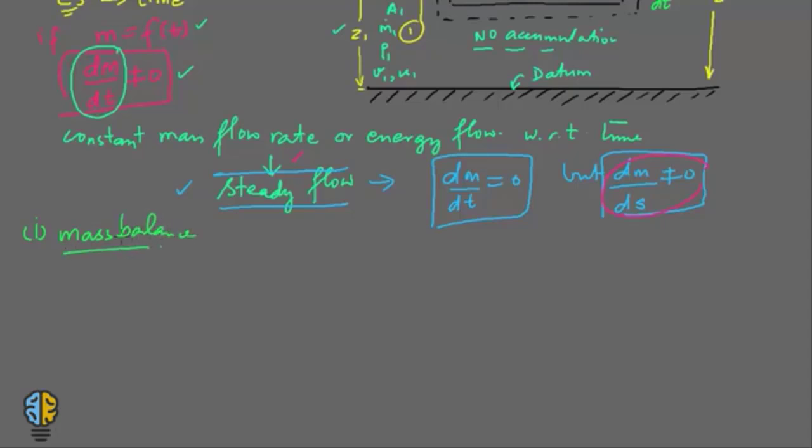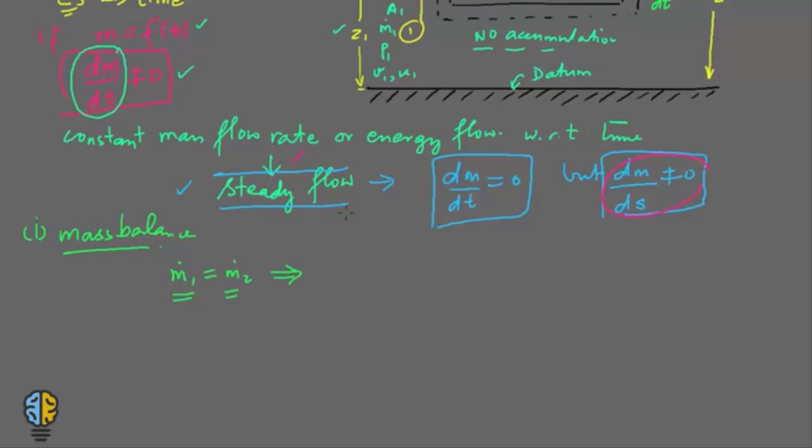Now we are assuming that there is no accumulation of mass within the control volume. This means that the mass flow rate which is entering should be equal to the mass flow rate which is coming out of the steady flow device or the control volume. Okay, this means the rate of entry is equal to the rate of exit.